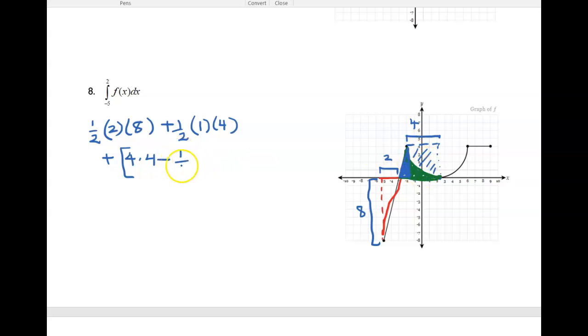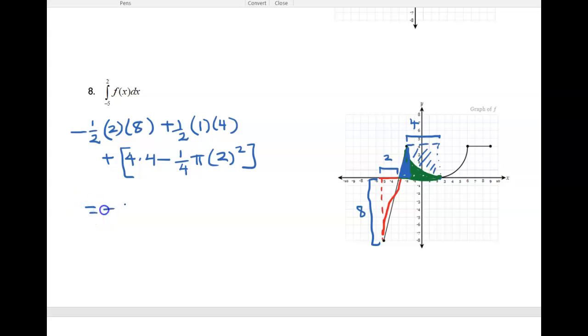So quarter circle would be 1/4 pi r squared. The radius of this circle is 2. So I can see that the radius of that semicircle is 2. Now let's go ahead and simplify. Oh, sorry, I don't know what happened to my negative there.